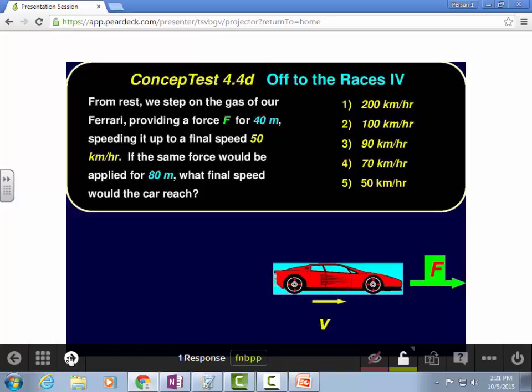I wouldn't, no, you're not going to be able to do it that fast. Get cranking away, guys.